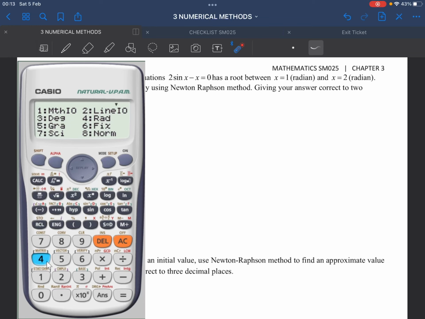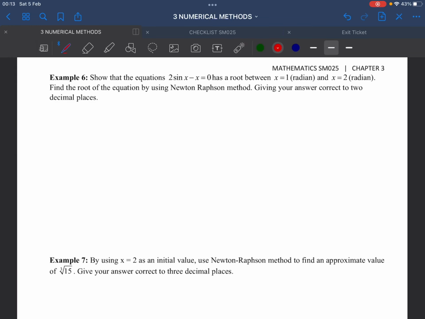So first, step 1, we have to write our fx and our f prime x. Okay, so our fx here is 2 sin x minus x. Okay, so the first equation, show that the equation has a root.